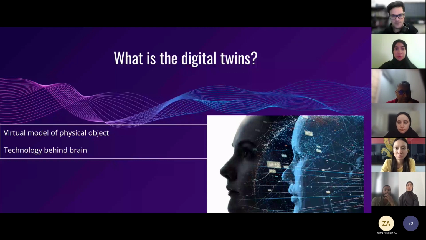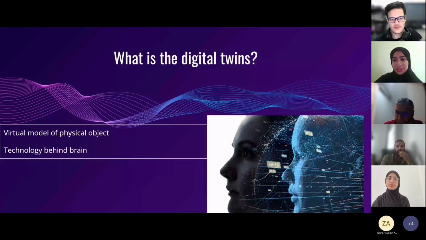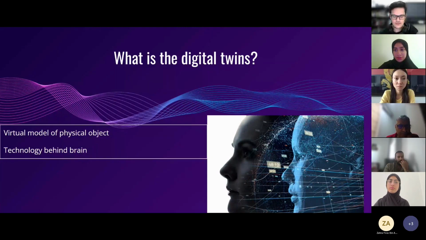All right. So before we start, we need to know what the digital twins are. The first thing we did while working on this presentation was looking for digital twins. And what we found is that a digital twin is a dynamic virtual copy of a physical or a virtual model, and a process or system to show us the environment, how it will look and how it will behave.